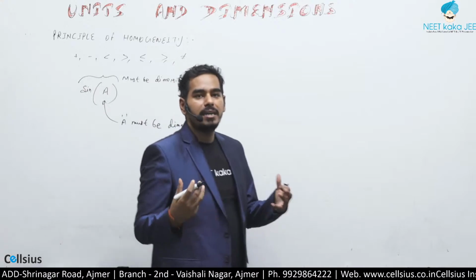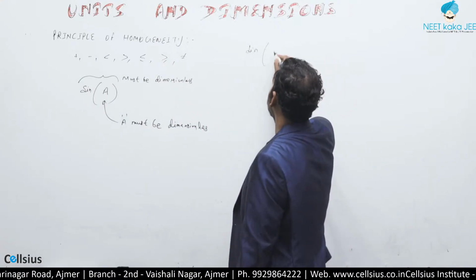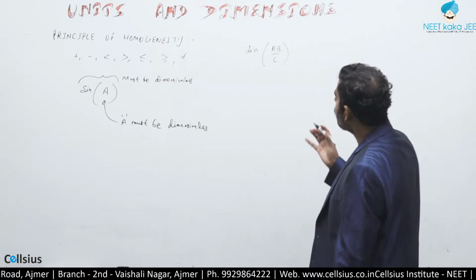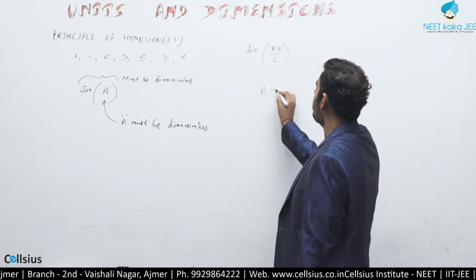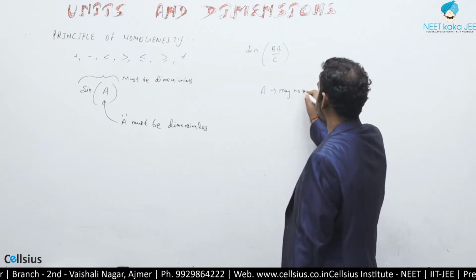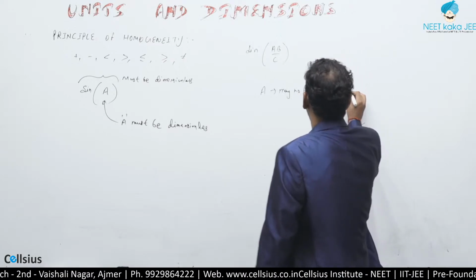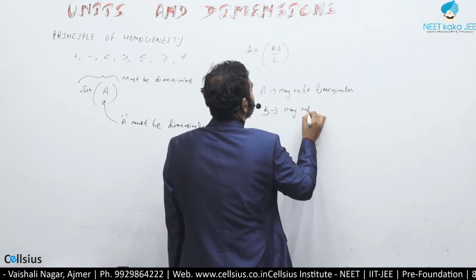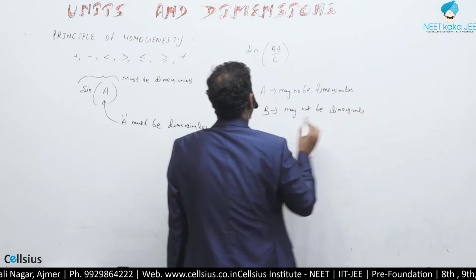If it is written like sine AB by C, over here it's not necessary for A to be dimensionless. A may not be dimensionless, B may not be dimensionless, okay?